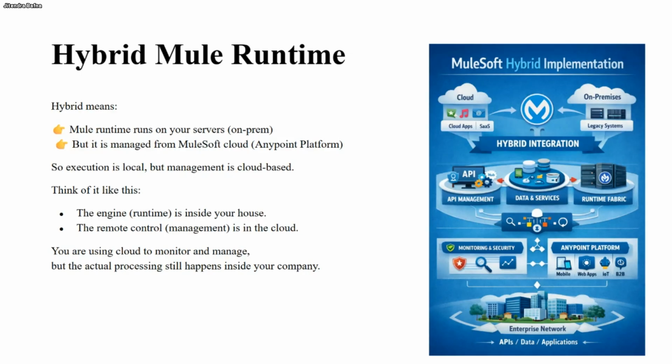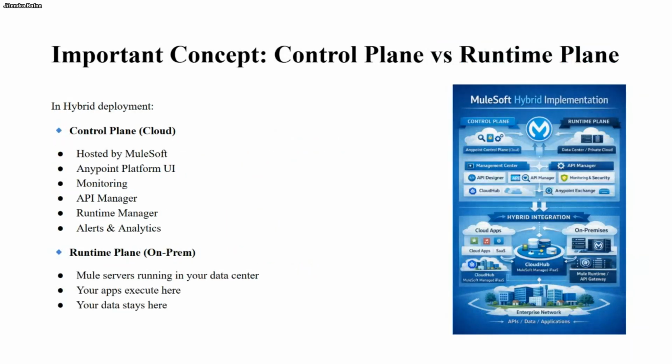So these are some of the important concepts. It's very important to know the difference between the control plane and the runtime plane. What falls into the control plane? The control plane is completely managed and hosted by MuleSoft. You don't have to worry about that. The Anypoint platform UI is part of the control plane.